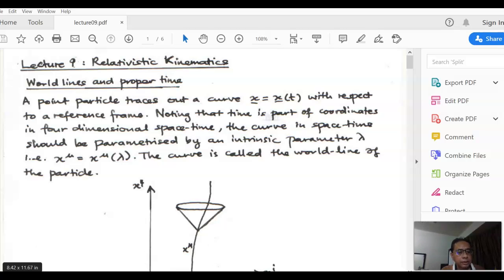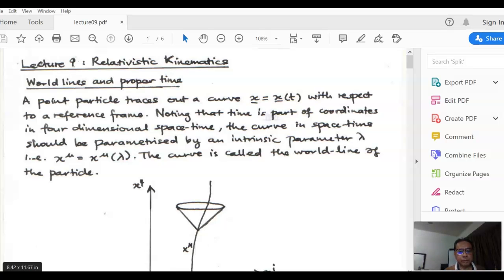This is the same in the case of special relativity. And when there's an acceleration, then it will trace out a curve which is no longer straight. In the same way, in special relativity, we also have the particle tracing out a curve in space and time.